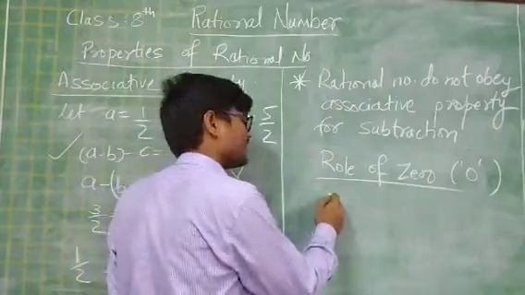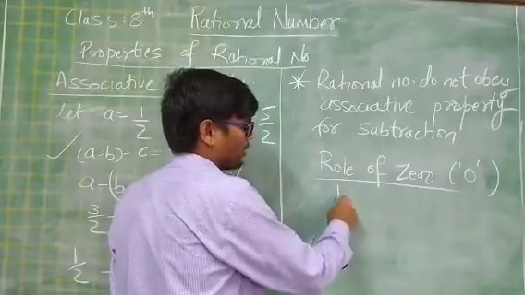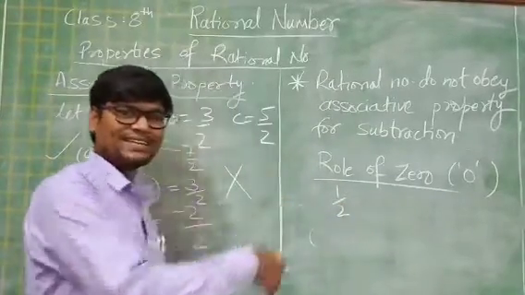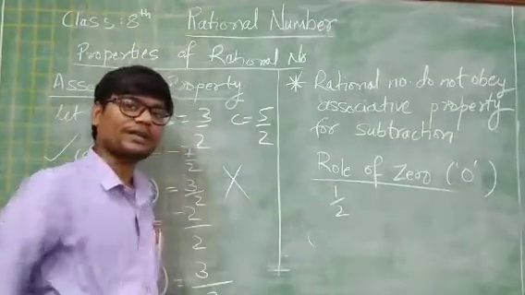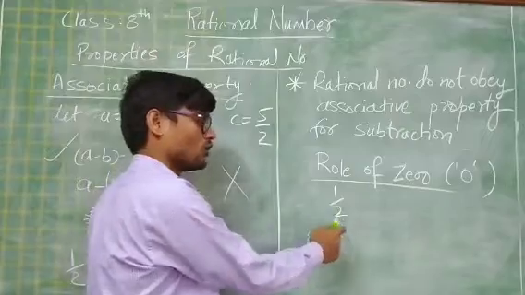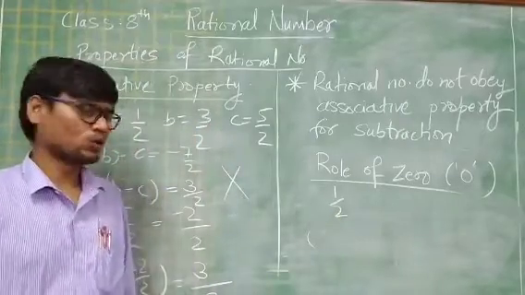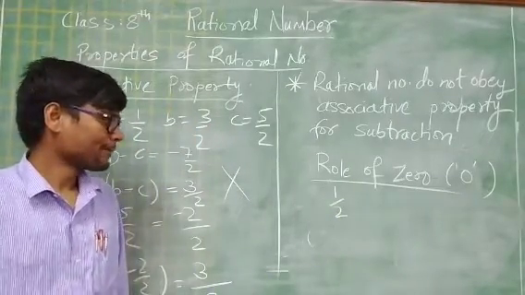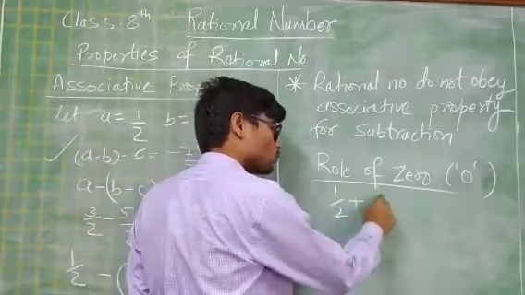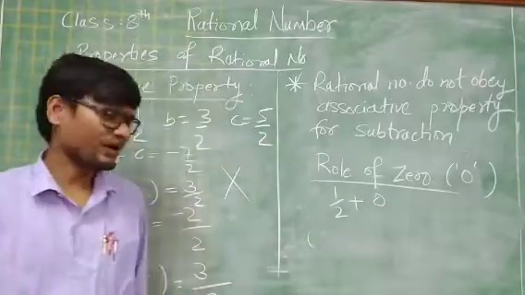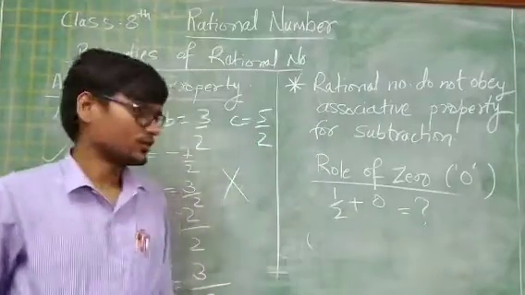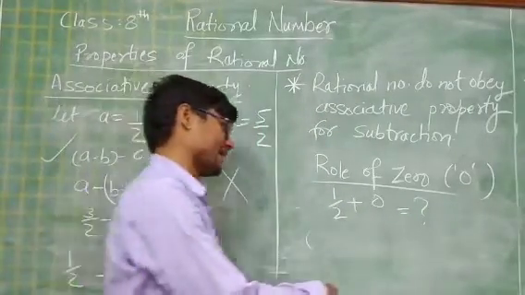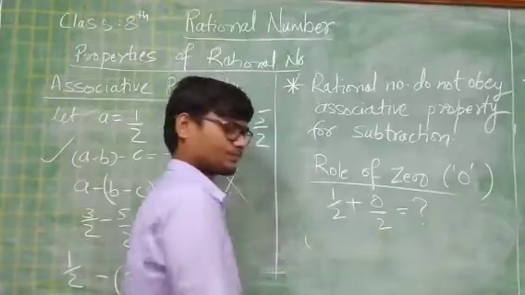So let us take a rational number 1 by 2. 1 by 2 is in the form of p by q, where p and q are integers and q is not equal to 0. Therefore 1 by 2 is a rational number, and we will add 0 and we will see what is the result. So this 0 can be written as 0 by 2.